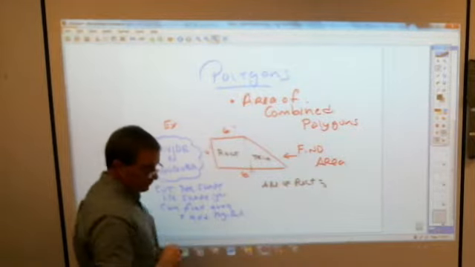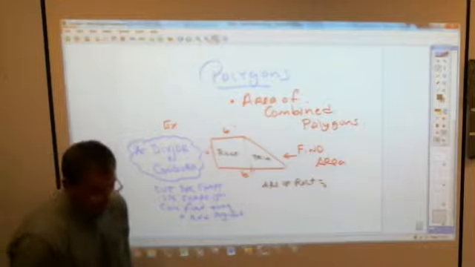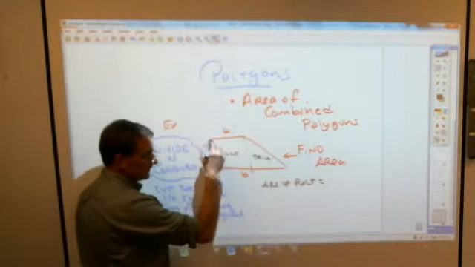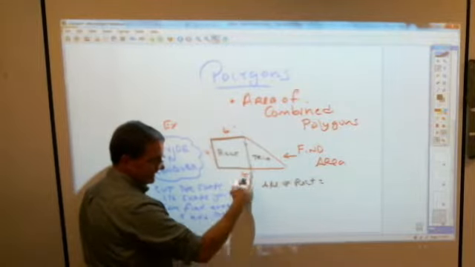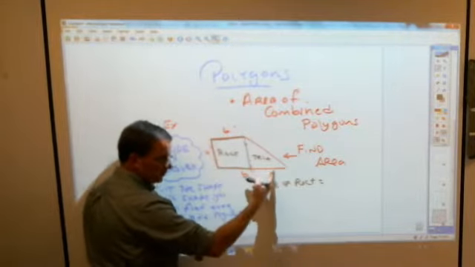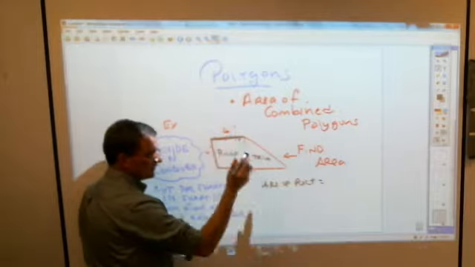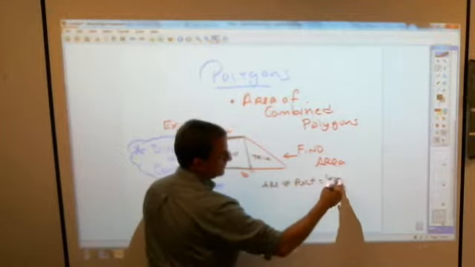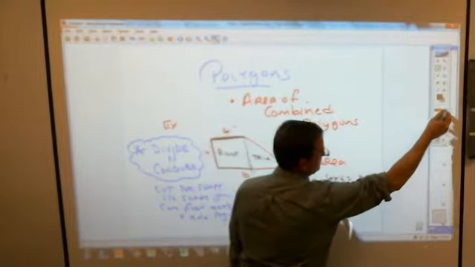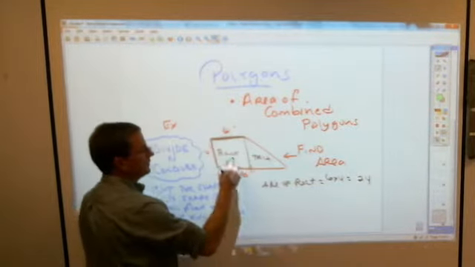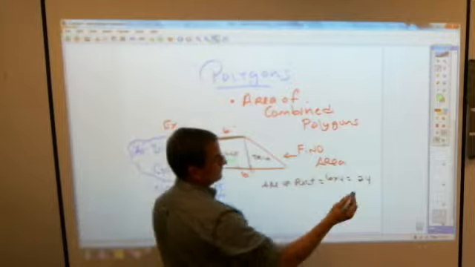Now make sure, children, when you do this, you use the right dimensions. Notice this rectangle is from here to here. 8 goes all the way across, so you would not use 8. You'd have to use 6 times 4. And 6 times 4 is 24. That, ladies and gentlemen, is your area of the rectangle.